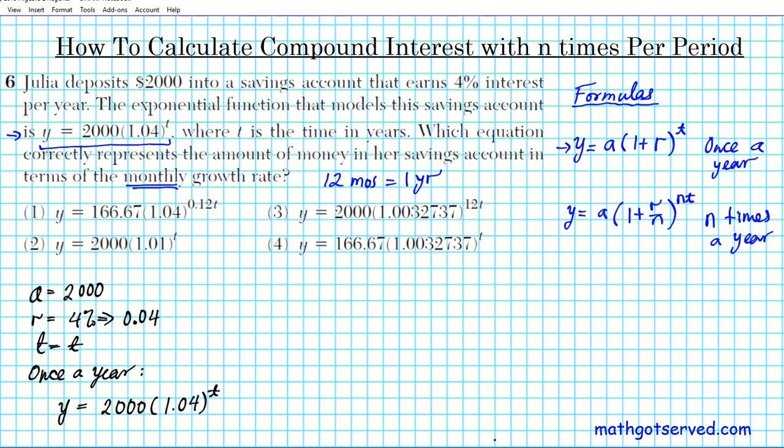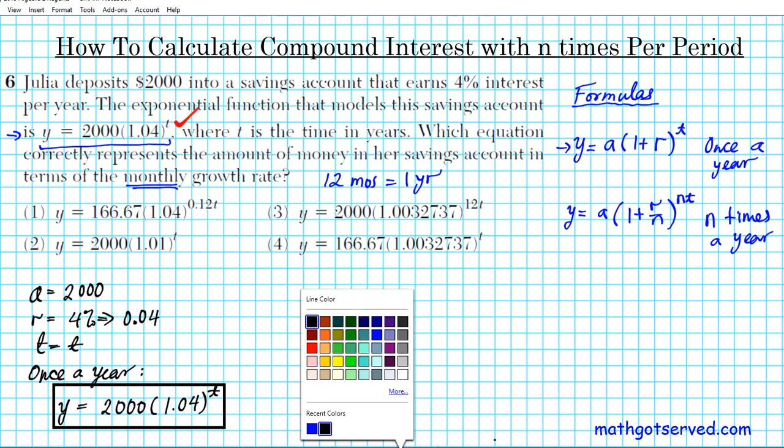So we can clearly see that this exponential growth model is consistent with the original function. But there's a slight change. We're looking at what the situation is if we have 12 times a year, or monthly. So this is annually.